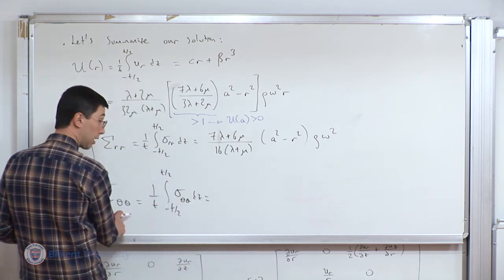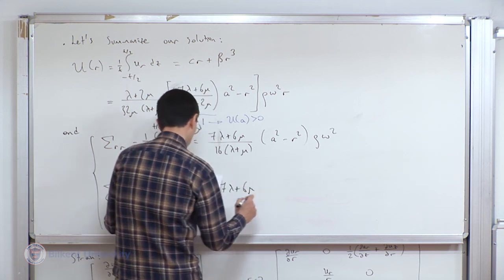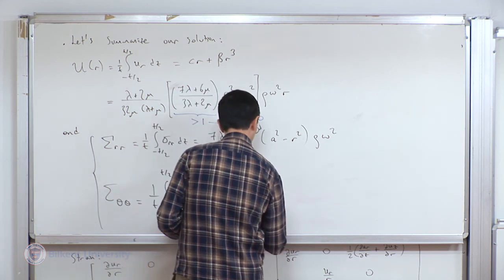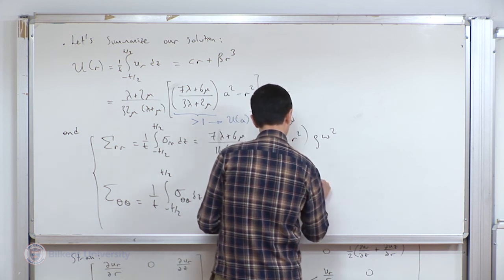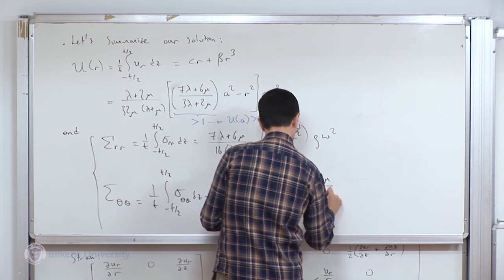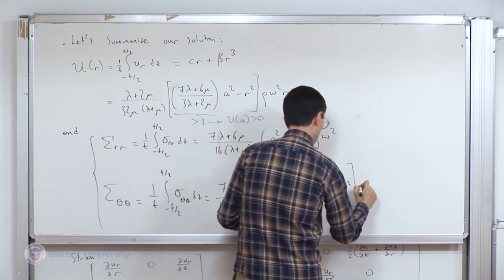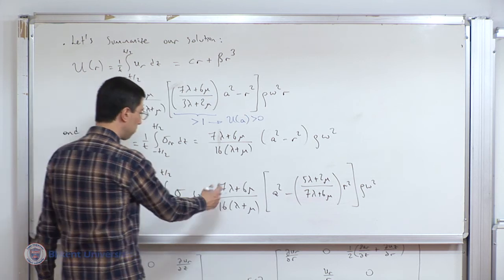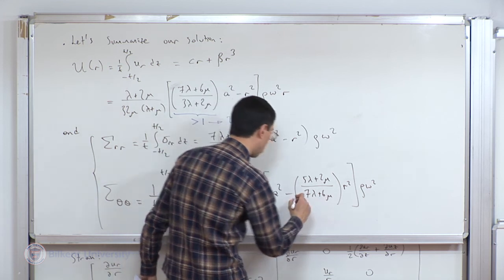And now sigma theta theta, averaged over the thickness, it's (7 lambda + 6 mu) over (16 lambda + mu), a squared minus some factor, multiplying rho omega squared. Again, from a qualitative perspective, positive factor, and then there's something else here. 7 is larger than 5. This is larger than 2.